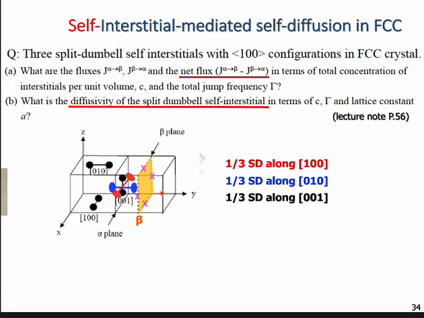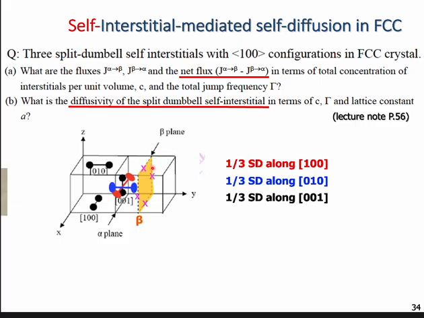So next, I need to draw somewhere because I need to know the possible jumping directions, so I need to highlight how many possible jumping sites this host atom can jump to, right?